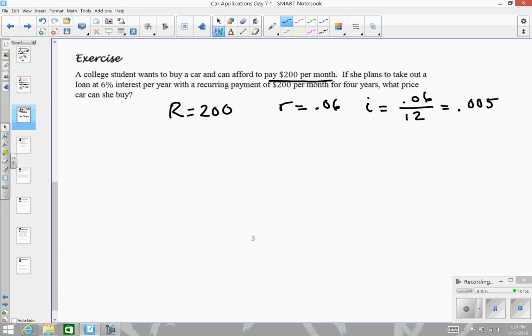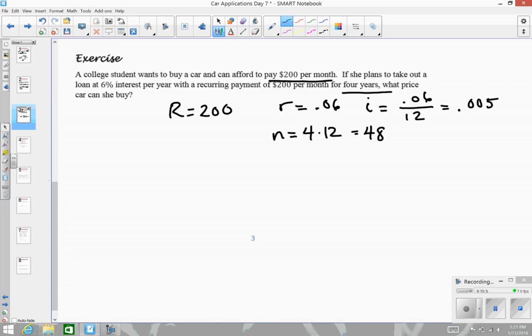This says it's for 4 years, and we're paying monthly. So for 4 years, paying every month, my number of payments, n, is going to be 4 years times 12 months, 48 payments altogether. Now, I need to figure out how much I can afford right now, not how much this is going to be in the future, but how much it is worth in the present.